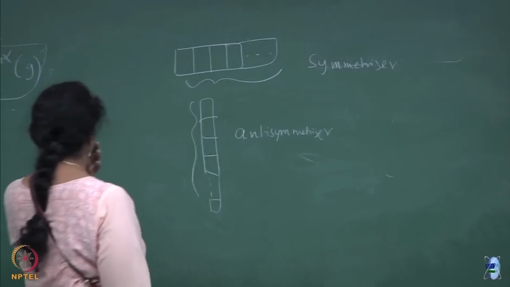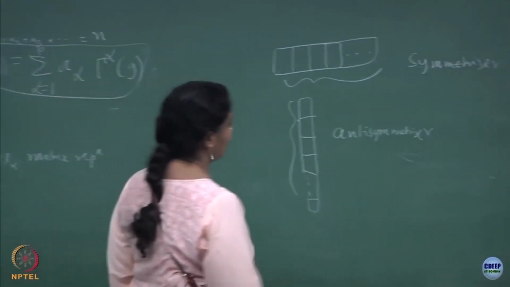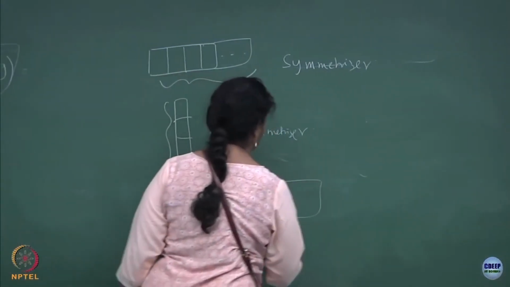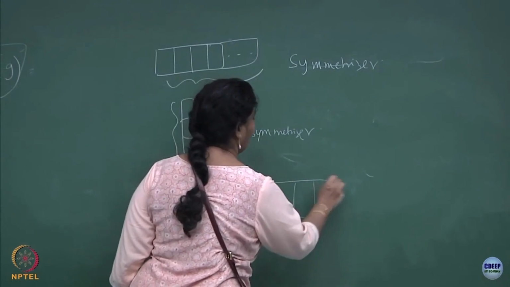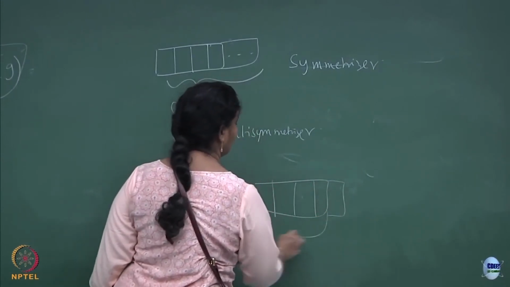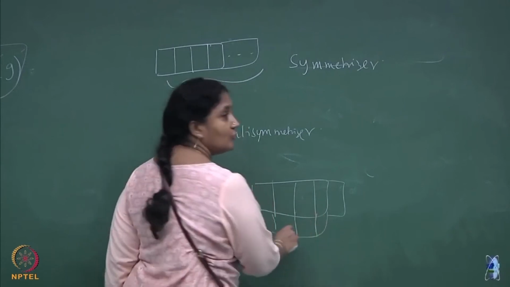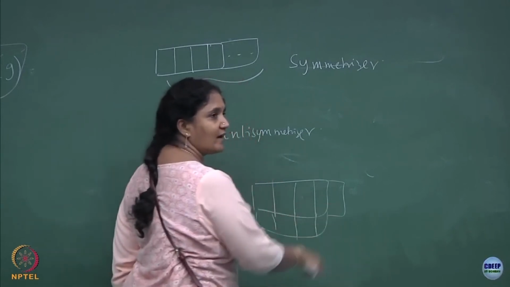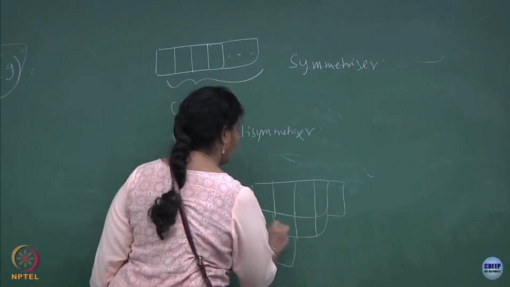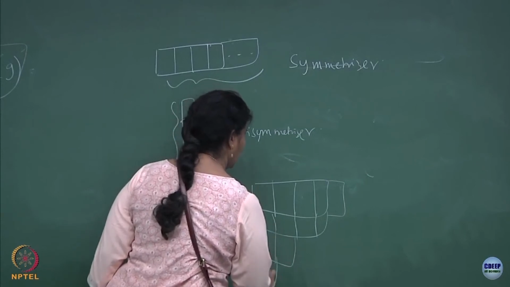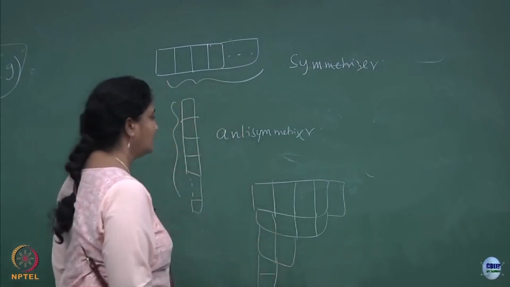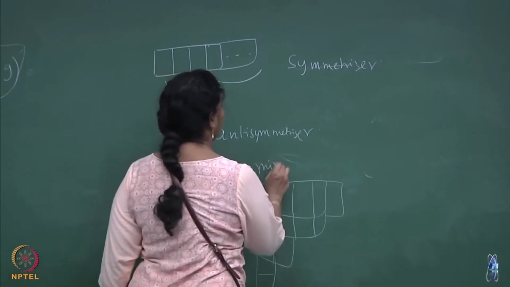Okay. But you can also have mixed diagrams. Only requirement is that the number of boxes as it goes into the second row should be at most equal to that. That is the convention we are going to follow, and you can have this. So, this is what I will call a mixed.